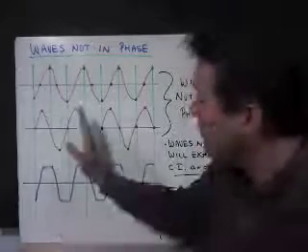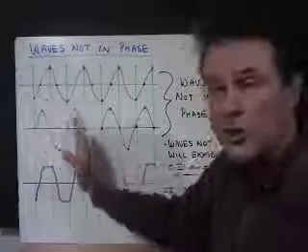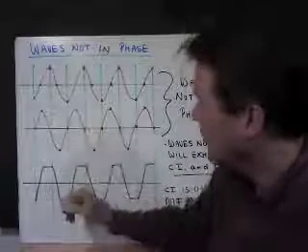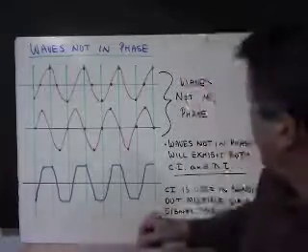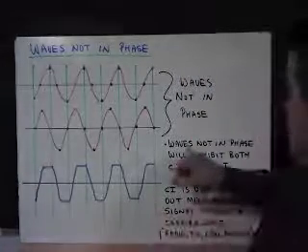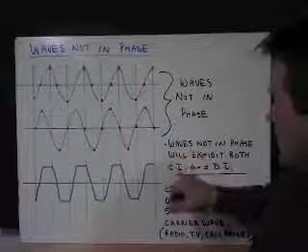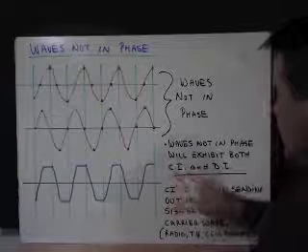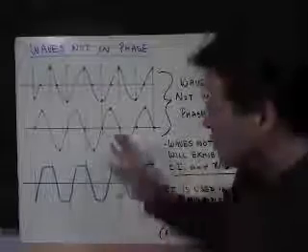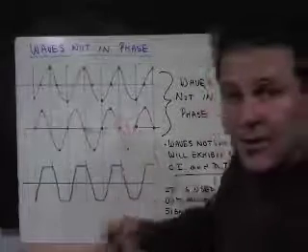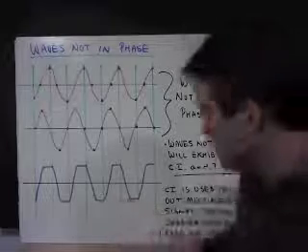Okay, so depending on how much the waves are shifted out of phase, we can result in various different patterns. So when the waves are not in phase, we exhibit both constructive interference and destructive interference, and it really depends on the size of the waves and how much they are shifted.